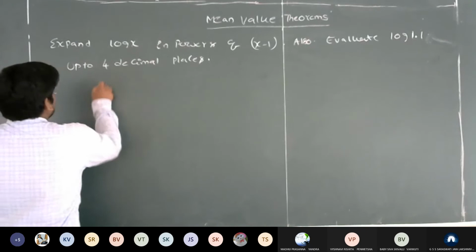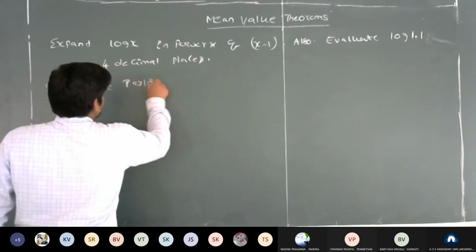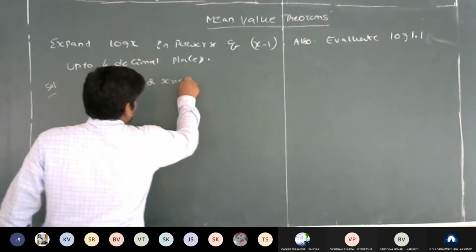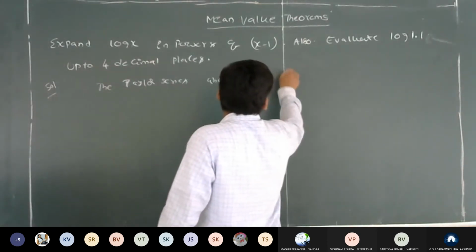So first, the Taylor series about x is equal to a.